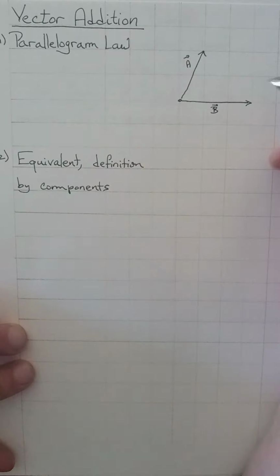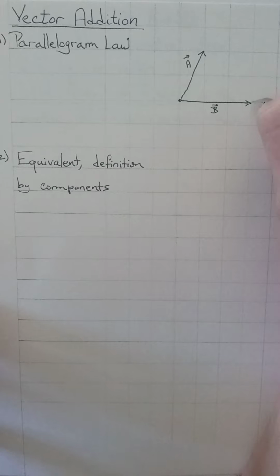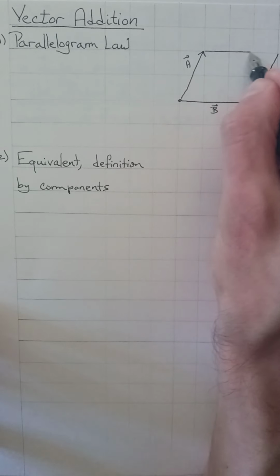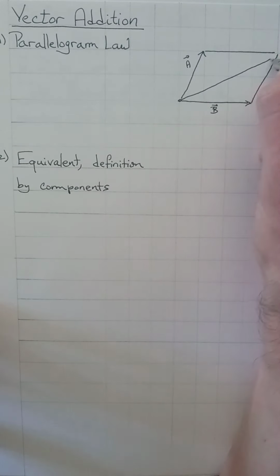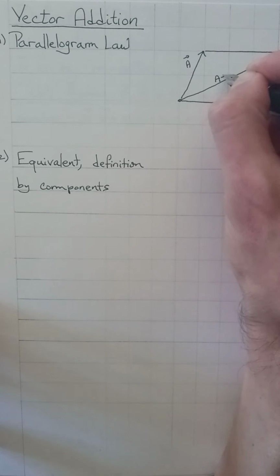What Newton said, and I don't think this is his unique genius insight, someone else probably came up with it first, but his genius was to apply it to physics. He said, okay, construct a parallelogram, and their sum is just the diagonal.